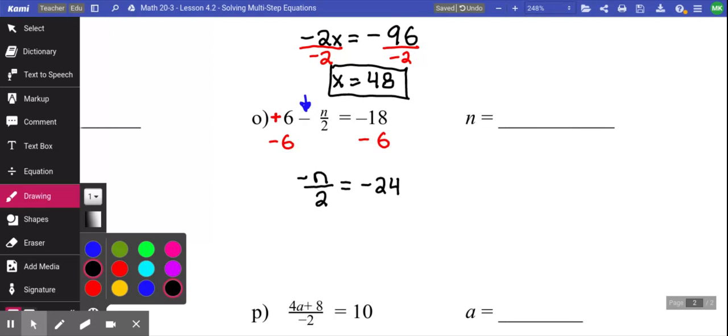That opening step is definitely one of the harder, trickier things we did in this whole worksheet. So you subtracted 6, and that negative goes to this n. You become negative n divided by 2. You then move the 2 by multiplying by 2. That gives me negative n equals negative 48.